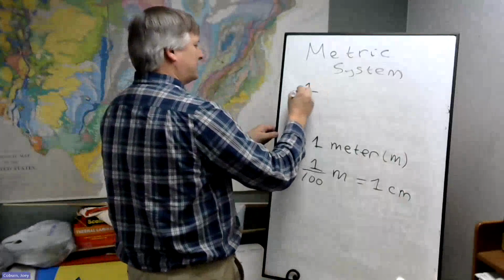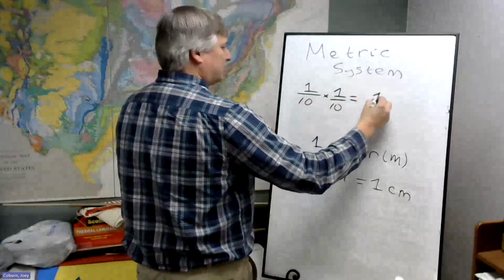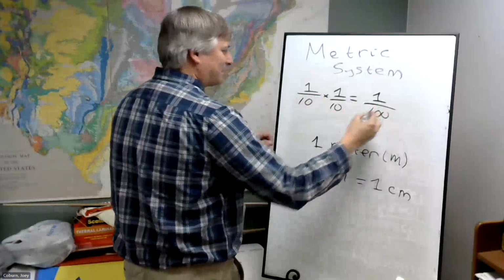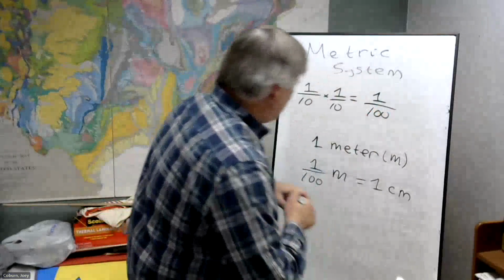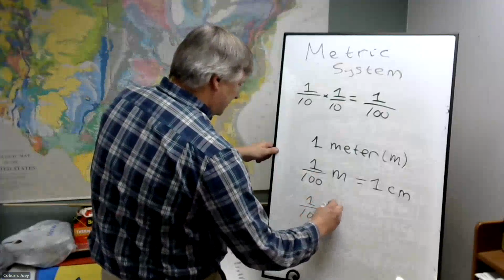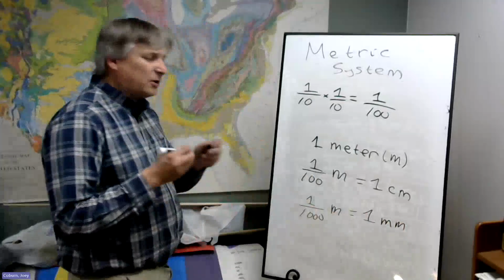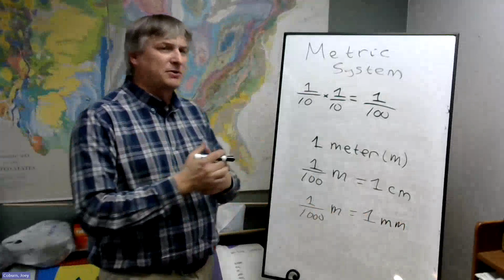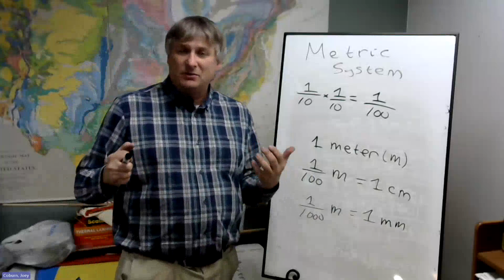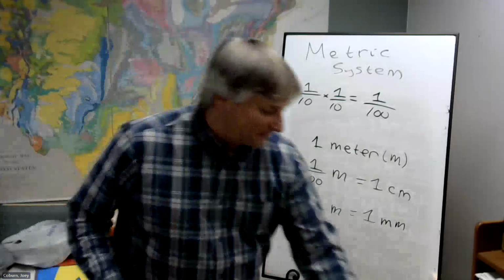Just to do some fraction multiplication review, multiply across: 1 times 1 is 1, 10 times 10 is 100. Likewise, a millimeter is 1,000th of a meter. So if you look on a ruler that has both the metric measurements, centimeters and millimeters, as well as the US measurement inches, 1,000 of those millimeters will give you 1 meter.